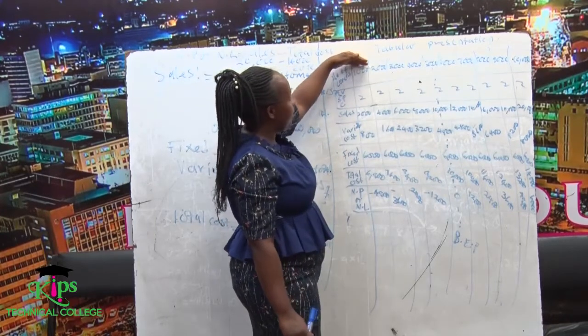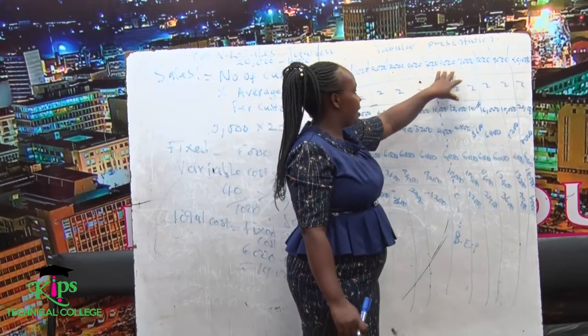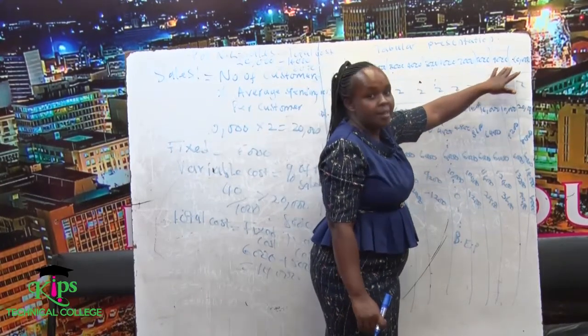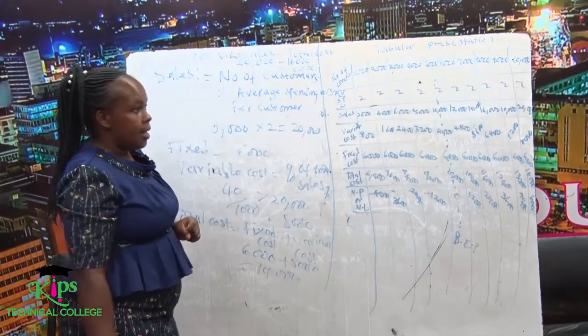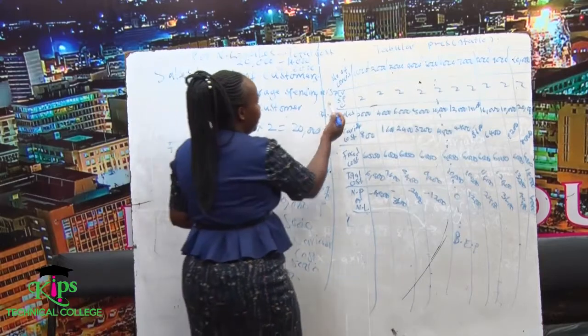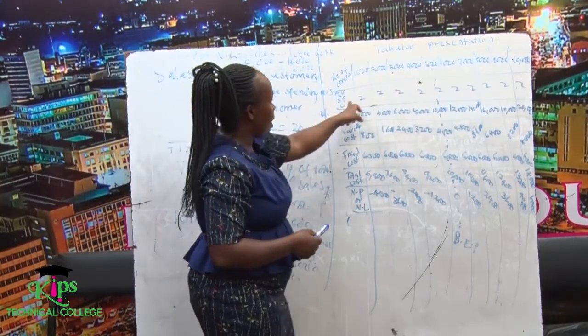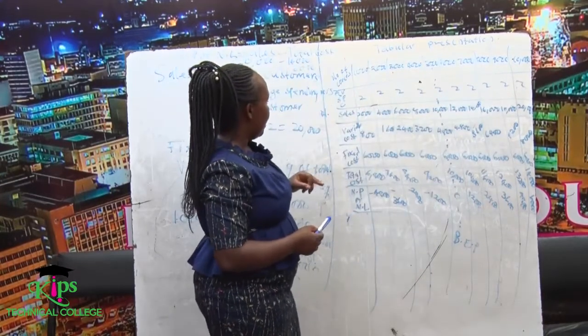So we have 1,000, 2,000, 3,000, 4,000, 5,000, 6,000, 7,000, 8,000, 9,000, and 10,000, the number of customers. Now, average spending power per customer, we are given as 2. So that's why everywhere we have put 2.